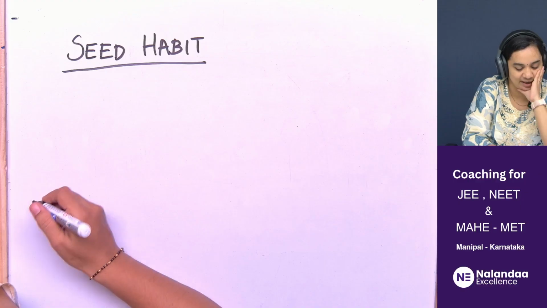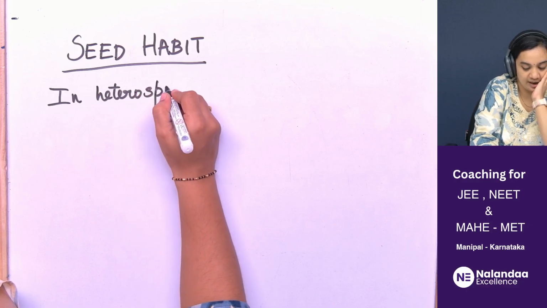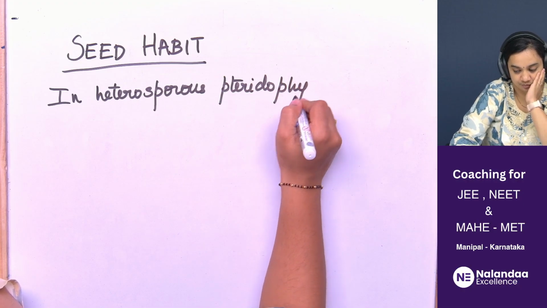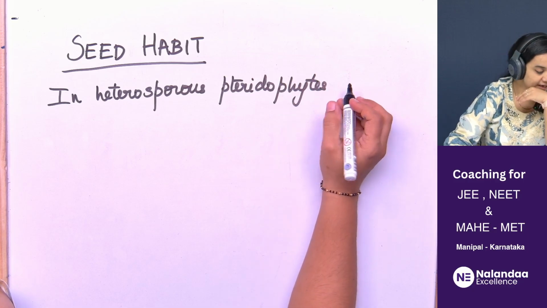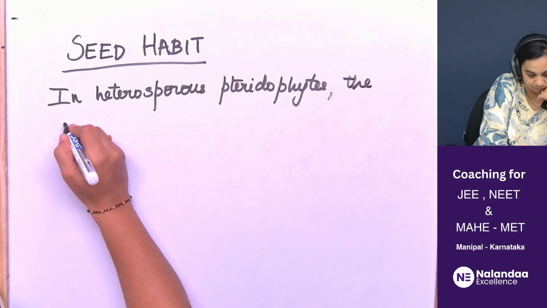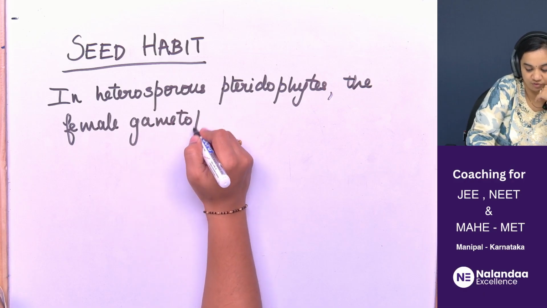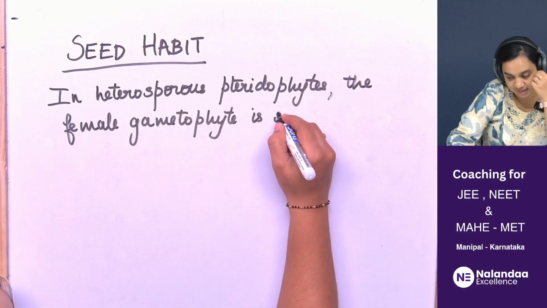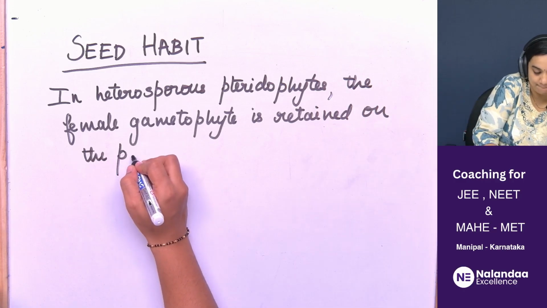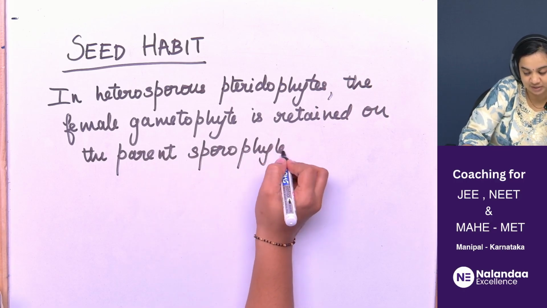Okay, so the seed habit is a concept where in heterosporous pteridophytes like Selaginella and Salvinia, the female gametophyte is retained on the parent sporophyte for variable periods of time.